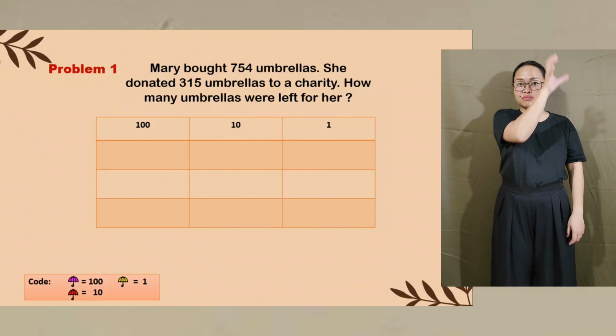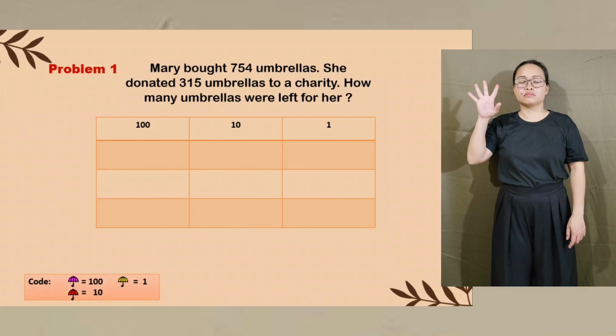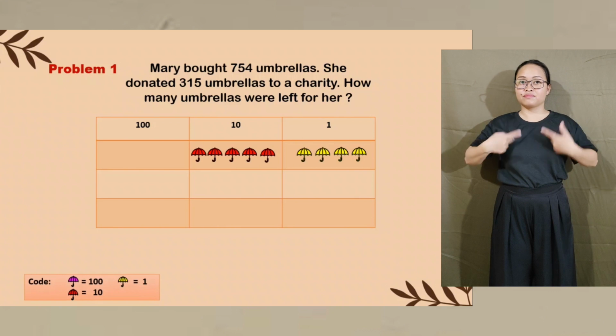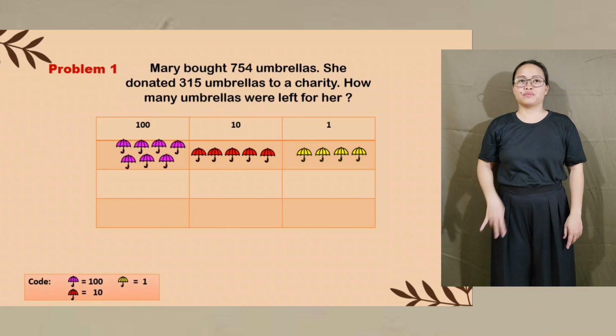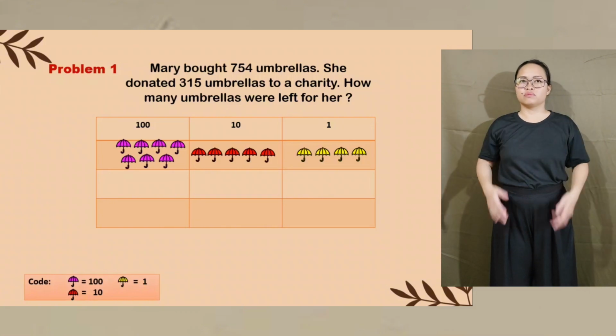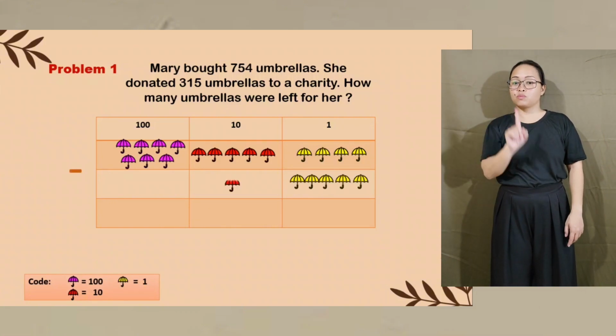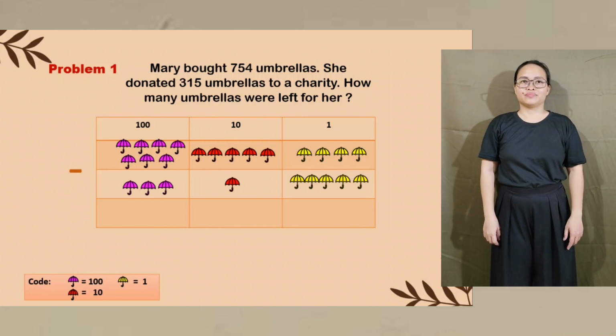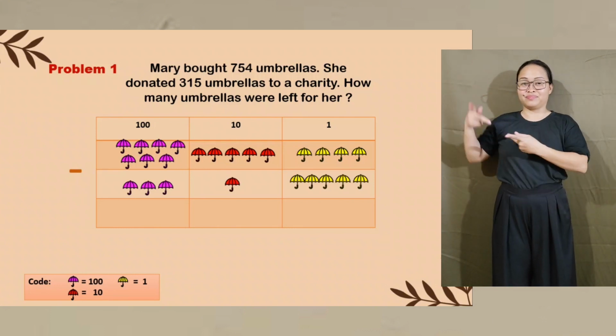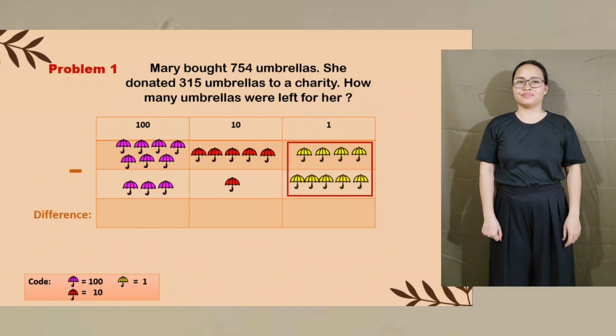So, 754 has 4 ones, 5 tens, and 7 hundreds, while 315 has 5 ones, 1 ten, and 3 hundreds. Now let's subtract first the digits in ones place.